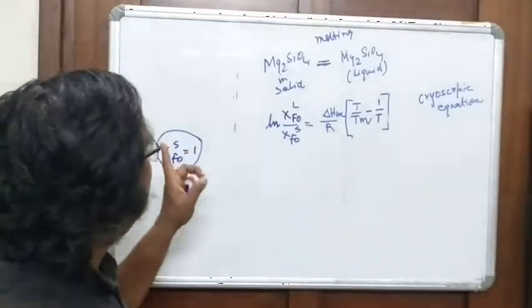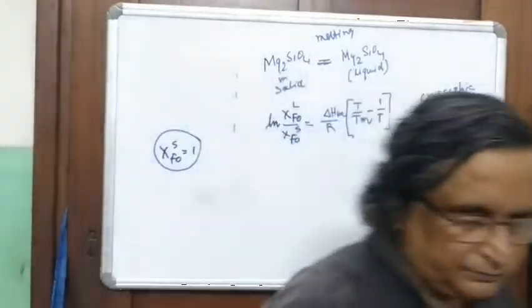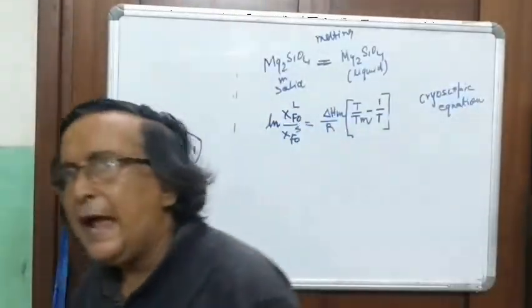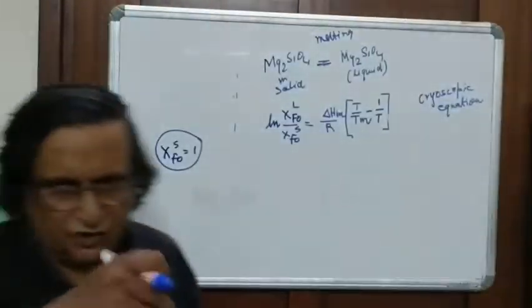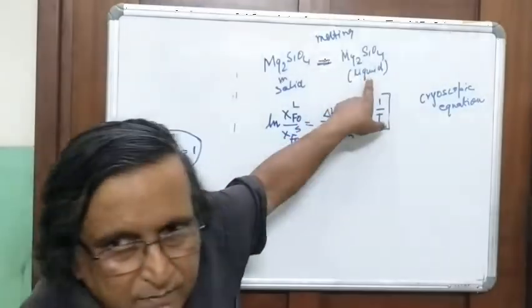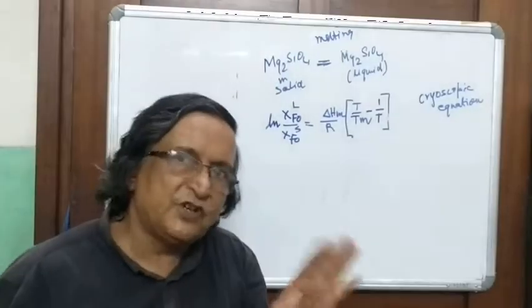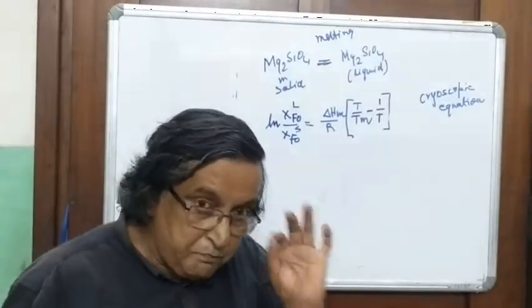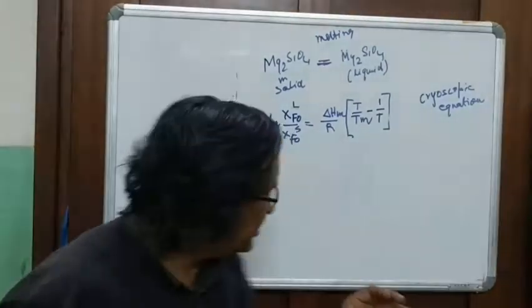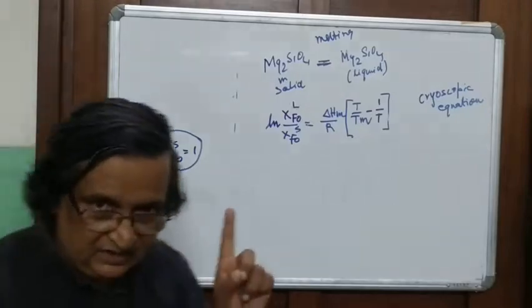We will take the case where X forsterite in solid is equal to 1. It means that I am melting pure forsterite. But it does not mean that forsterite is the only component of the liquid. But I am melting a pure forsterite, with no impurities. That's what X forsterite in the solid equal to 1 means.